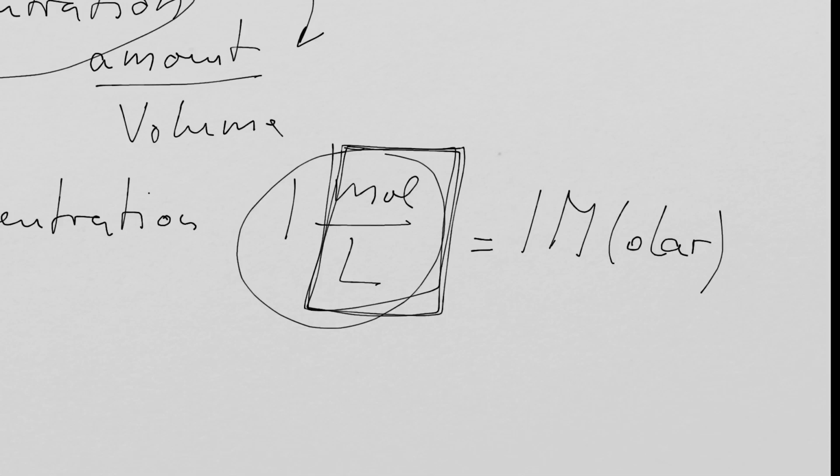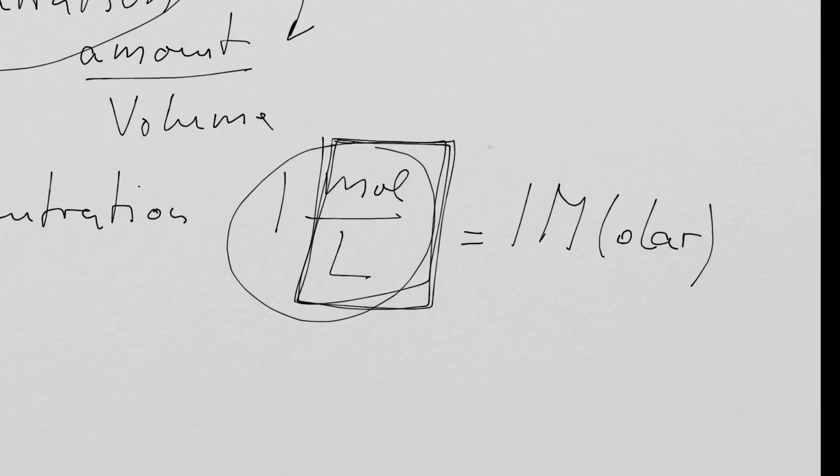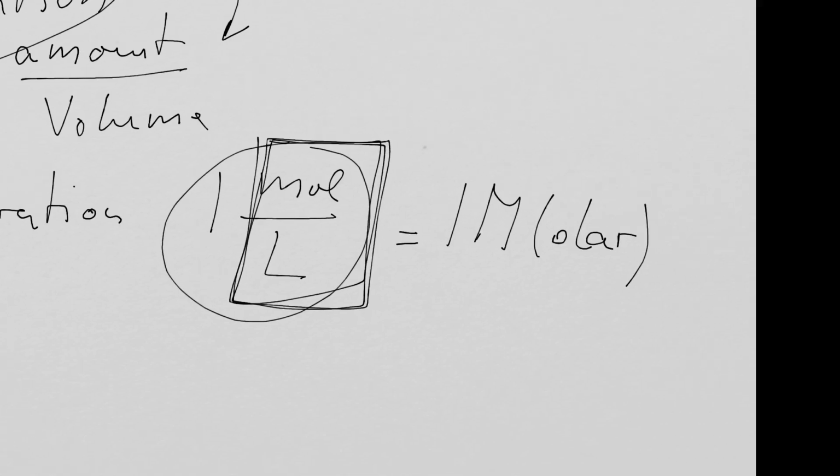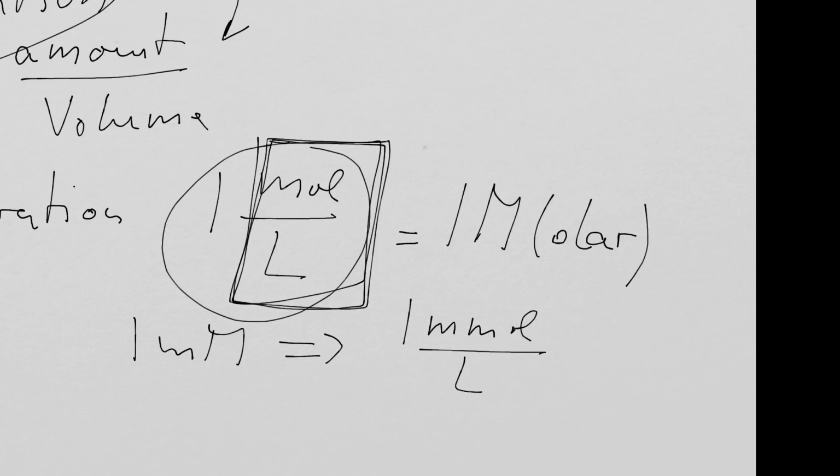It is 1 molar, 1 mole per liter. And of course, you can have fractions of that. So you can have 1 millimolar, which basically means 1 millimole per liter. You can have 1 micromolar, things like that. Yeah? So please bear that in mind. That's this definition of 1 capital M, that's quite important.